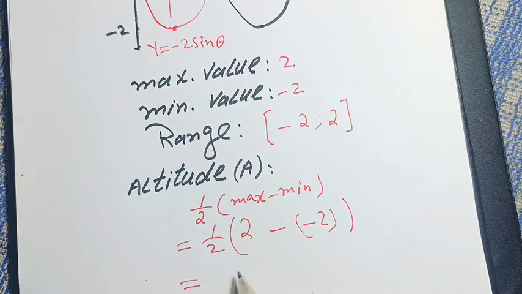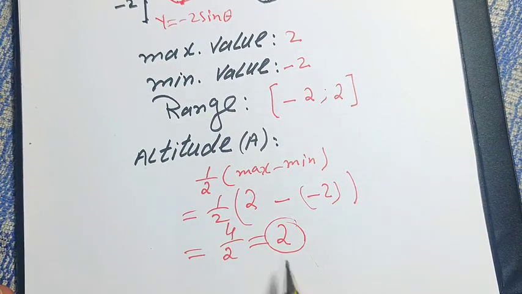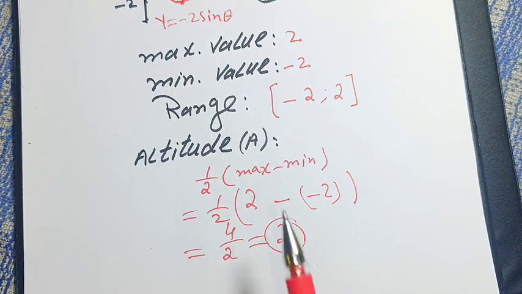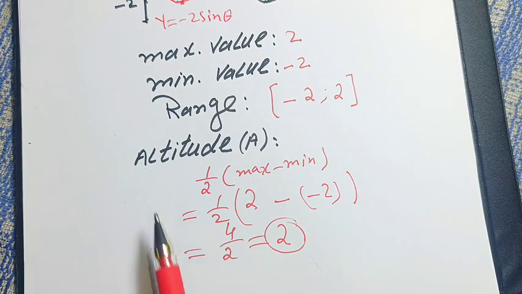Now negative becomes positive, that is 4. 4 times 1 is 4, 4 over 2. The answer is going to be 2. Still positive 2. Can you see? The answer is still positive 2. Even though the amplitude sign is negative 2, the amplitude turns to positive. So even if it is negative or positive, the amplitude stays the same, positive.